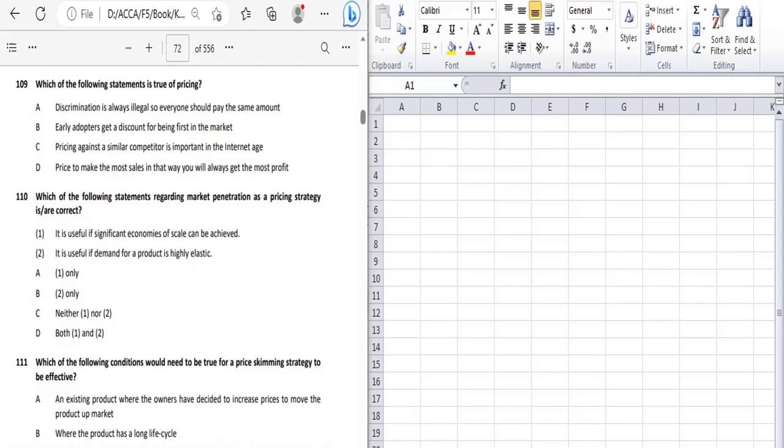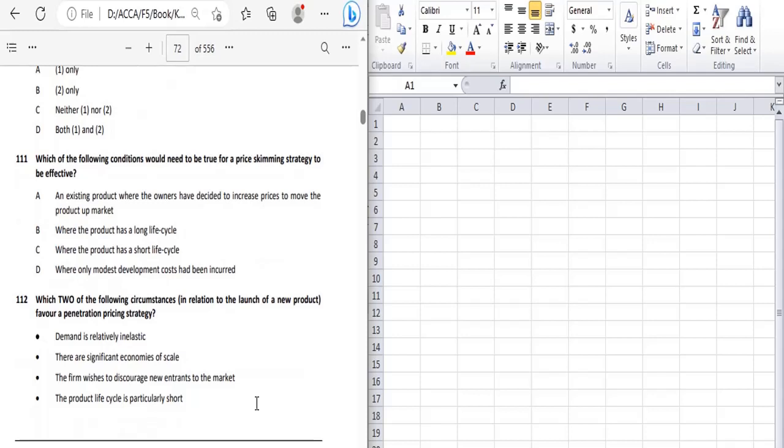Cost will then be reduced across that large volume. And it is useful if demand for the product is highly elastic, meaning that with little change in price, demand will be correspondingly impacted. So both are correct.